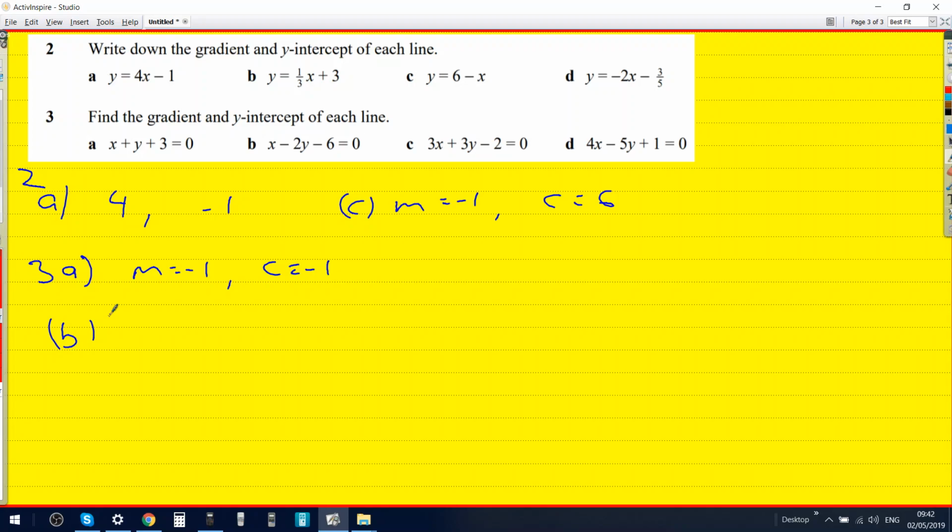Is it a gradient of 1 again and an intercept of 3? So if you bring the 2y to the other side. I brought the 2y and the minus 6 across. Do you need to divide them by 2? x minus 6. Yeah.